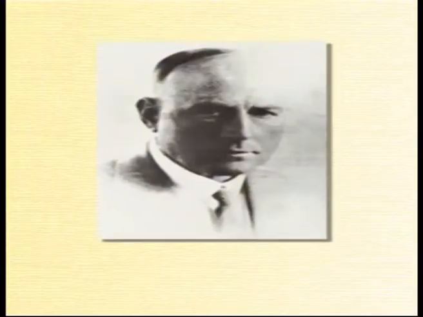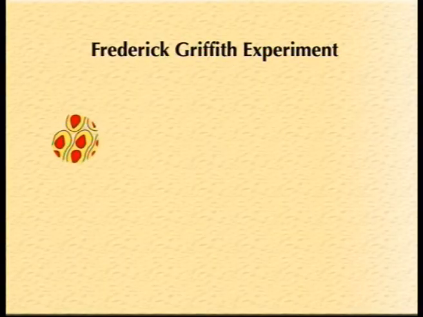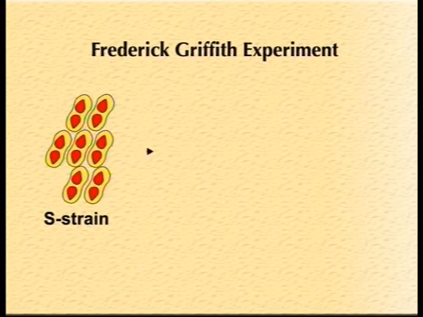The demonstration of this bacterial transformation by Griffith was the result of a few consecutive steps. In the first experiment, when he injected mice with the S strain of this bacterium, the mouse died.